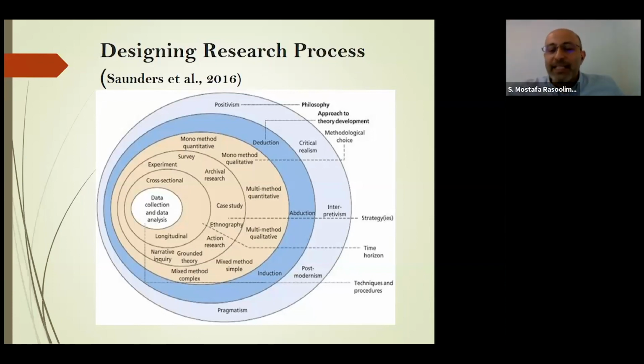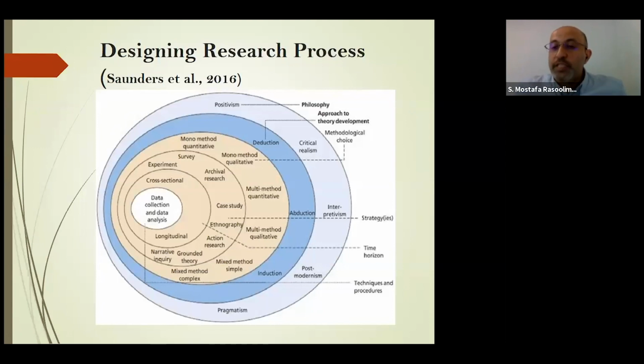So this layer is the last layer of our research design. But before reaching this layer, we need to answer questions or identify other layers. The first layer of this onion is research philosophy or research paradigm.